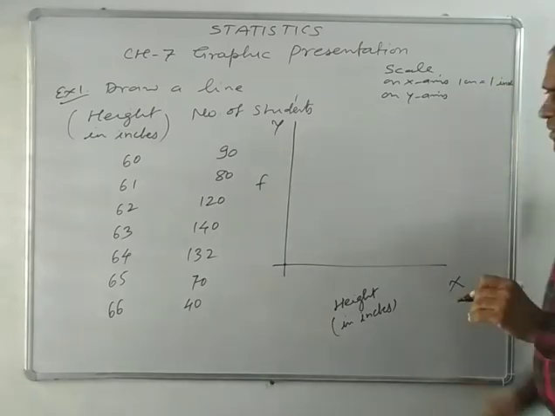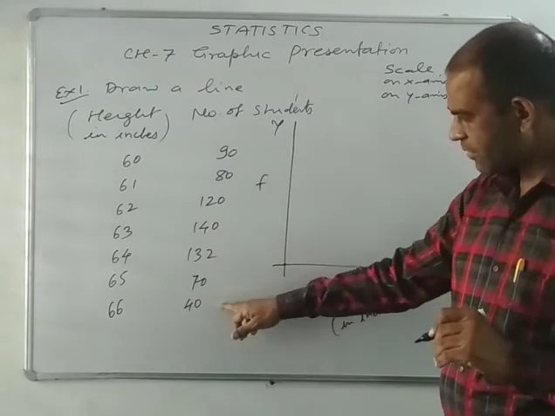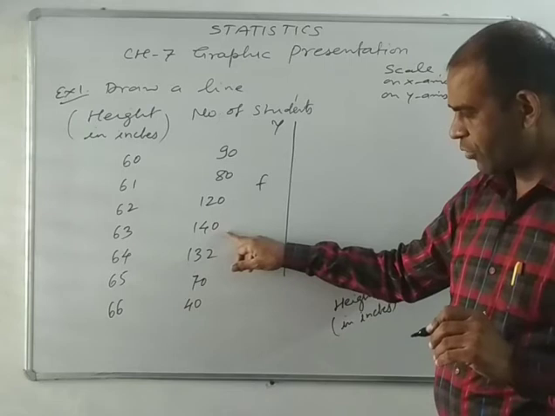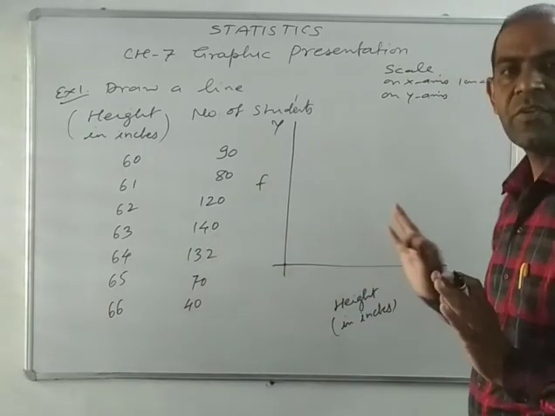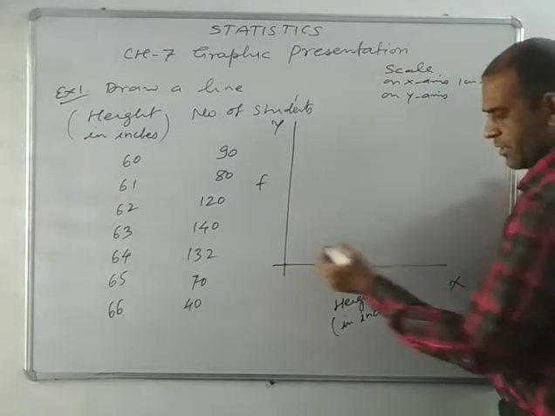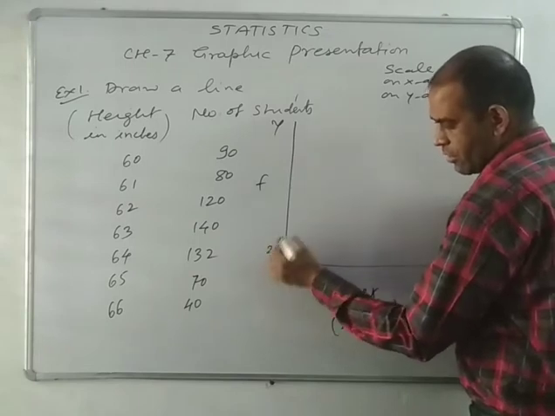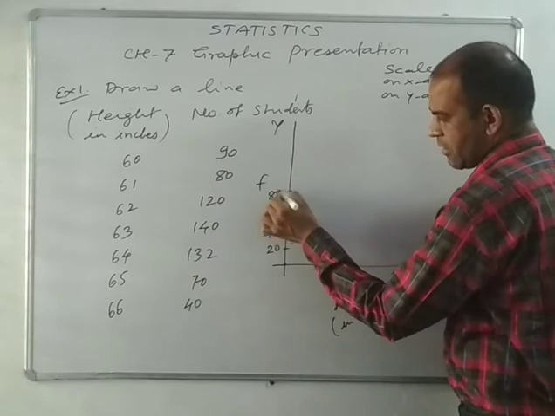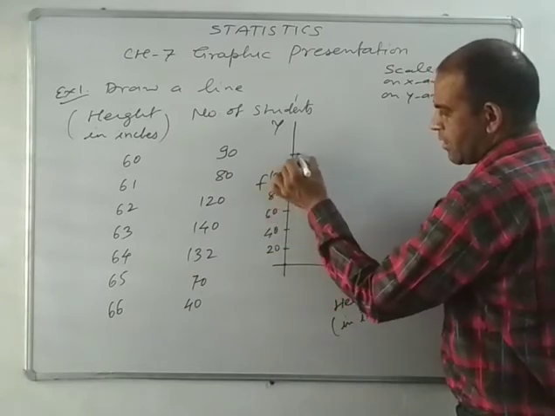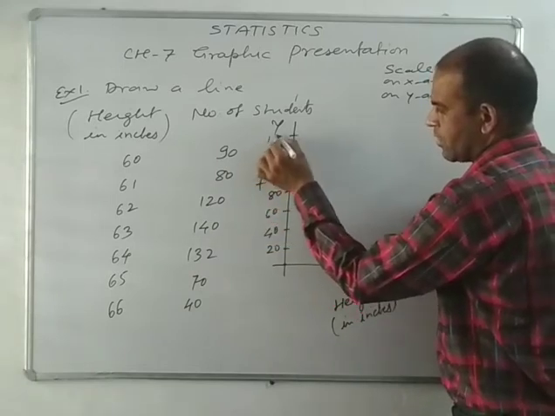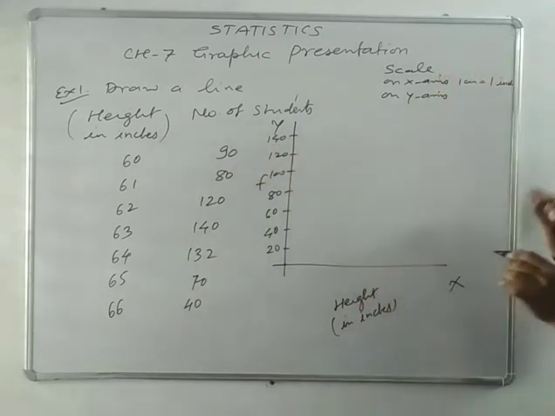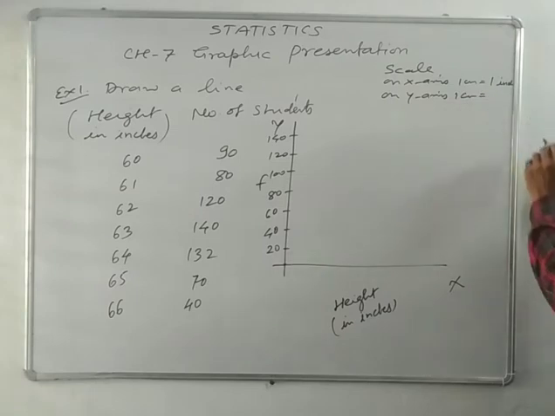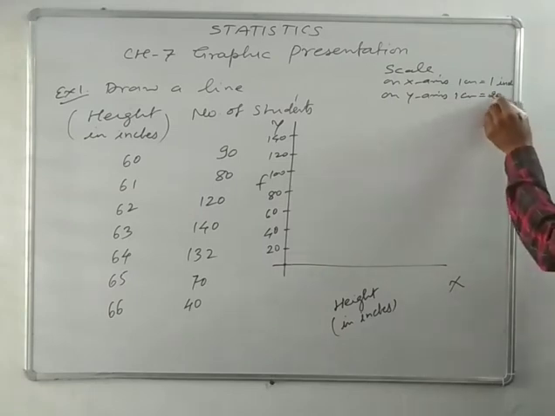And on y-axis, here the lowest value is 40 and highest value is 140. So I think the suitable scale is 20. So 20, 40, 60, 80, 100, 120 and 140, that is 1 centimeter equal to 20 students.